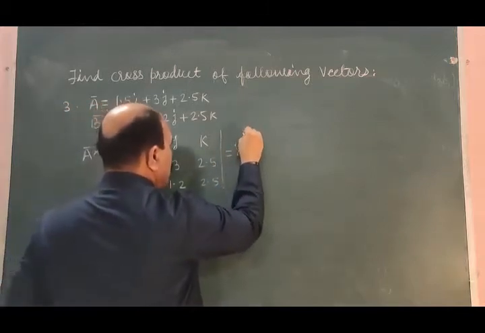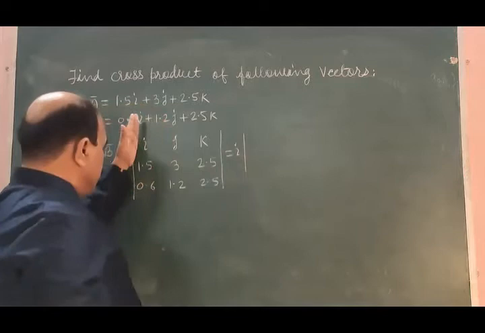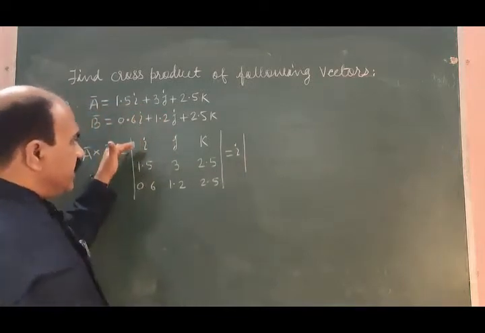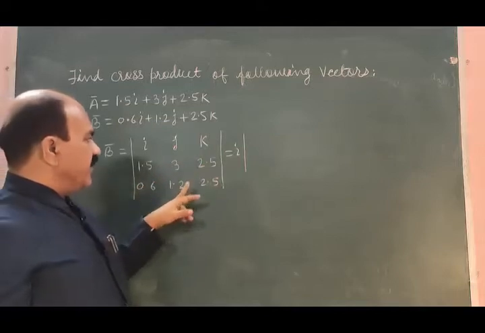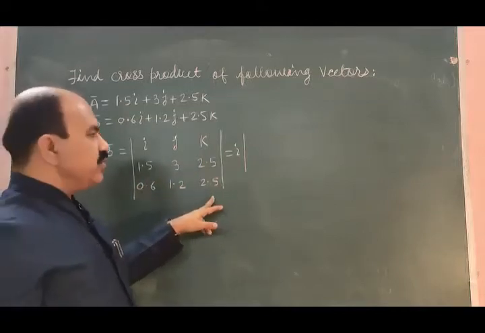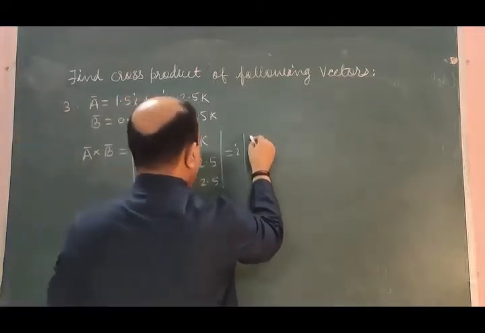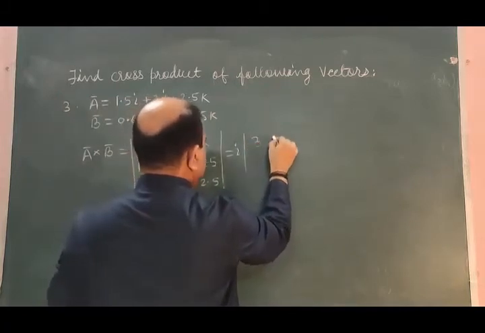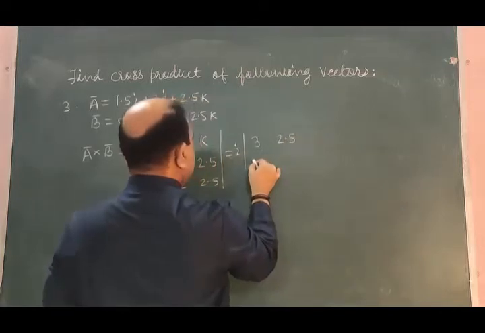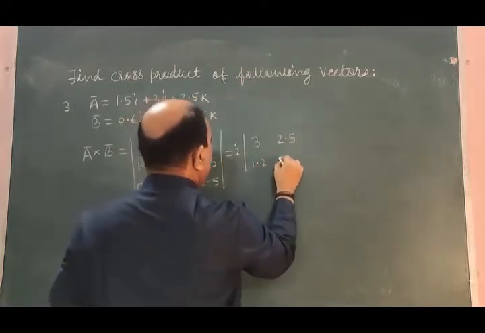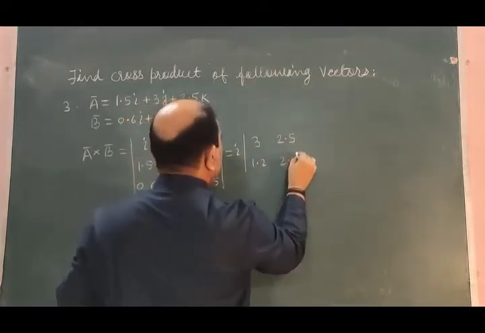i into, this column skipped, this row skipped, what is left? 3, 2.5, 1.2, 2.5.